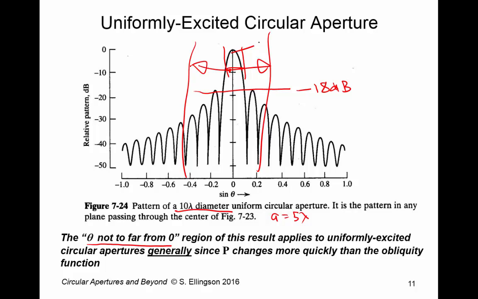So what we can say is that this result applies to uniformly excited circular apertures generally, since P, the spatial Fourier transform, changes more quickly than the obliquity function, and all the differences between the ground plane case and the free space case are related to the obliquity function, not to the Fourier transform.